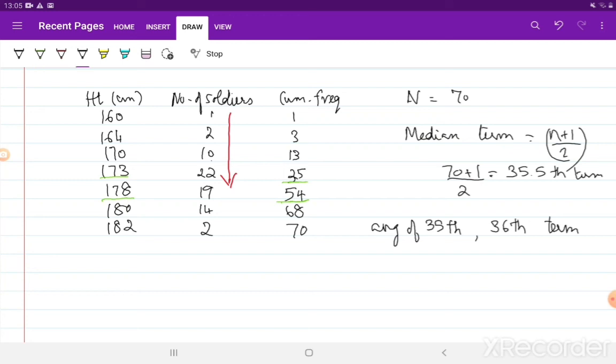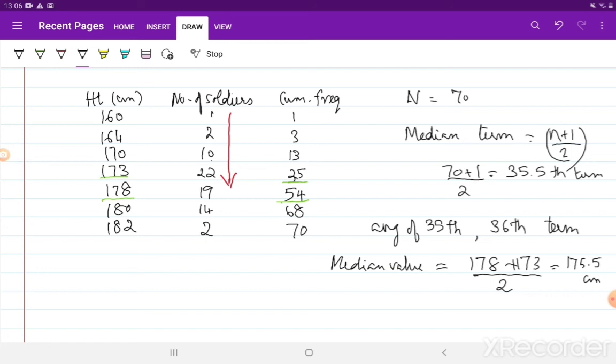So your median value will be 178, which is the 36th term, plus 173, which is the 35th term, divided by 2, which is equal to 175.5 centimeters.